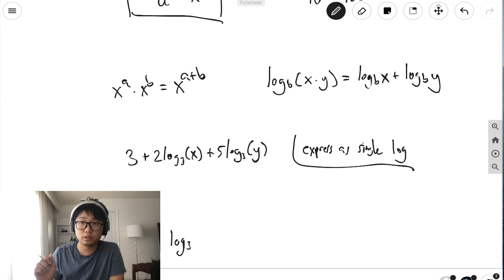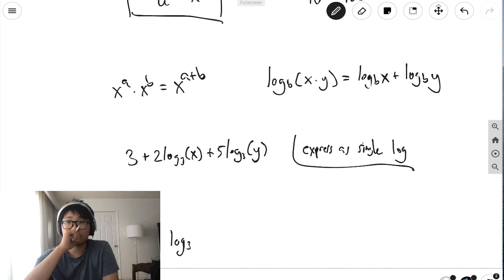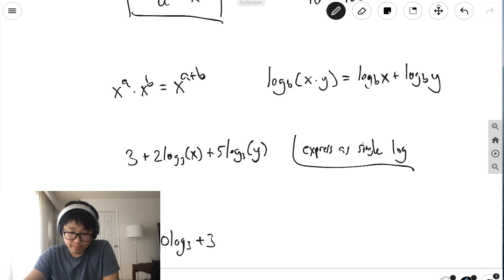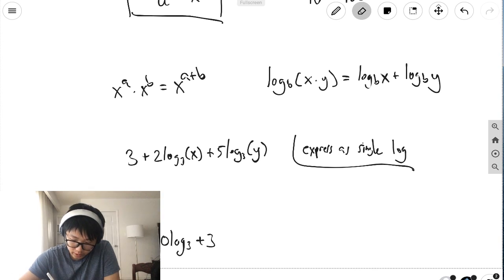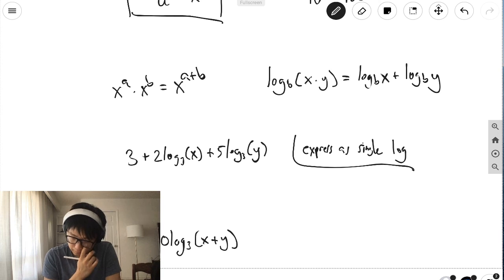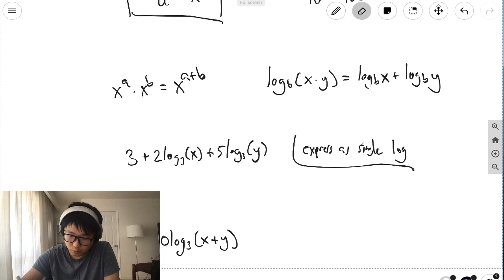Log 3 ... 10 log 3 plus 3, x plus y. Okay, so I'll tell you what went wrong here. Wait, you're saying xy or x plus y?